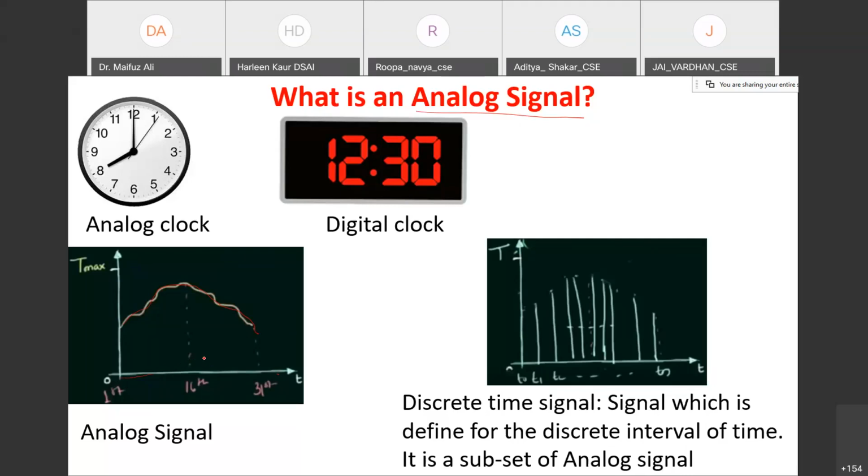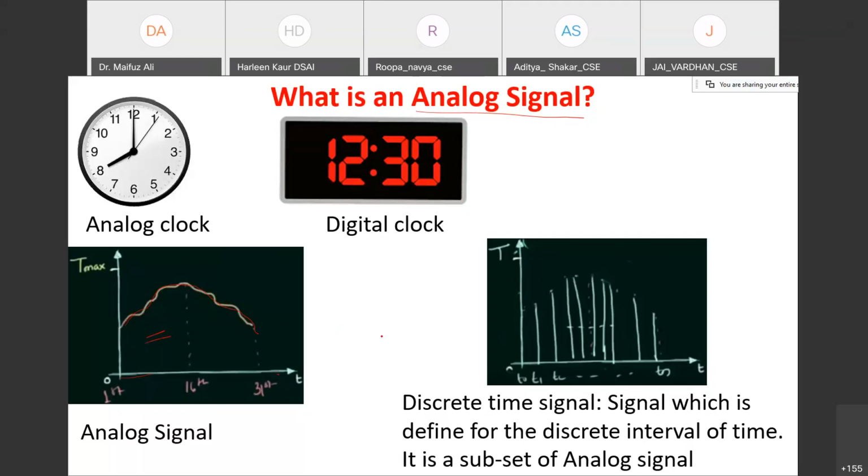The advantage we will discuss later. If you take the temperature throughout the day, it is changing every second, very continuously. There is no jump. If you measure the temperature constantly, you get this continuous graph. This is the analog signal.